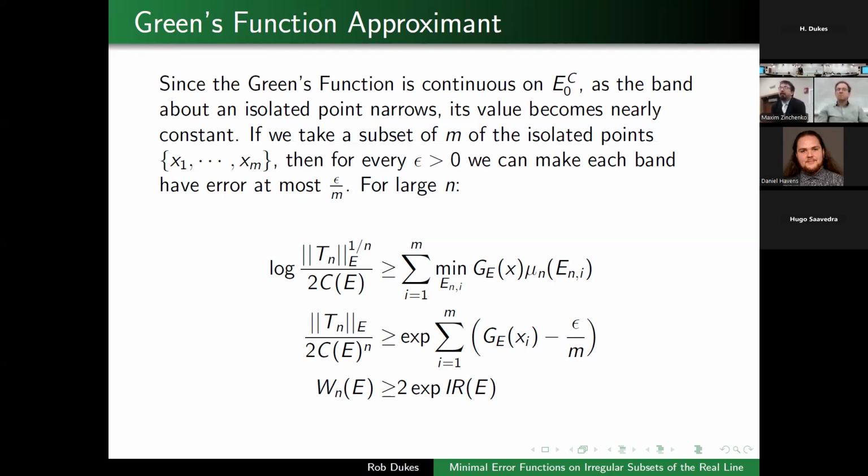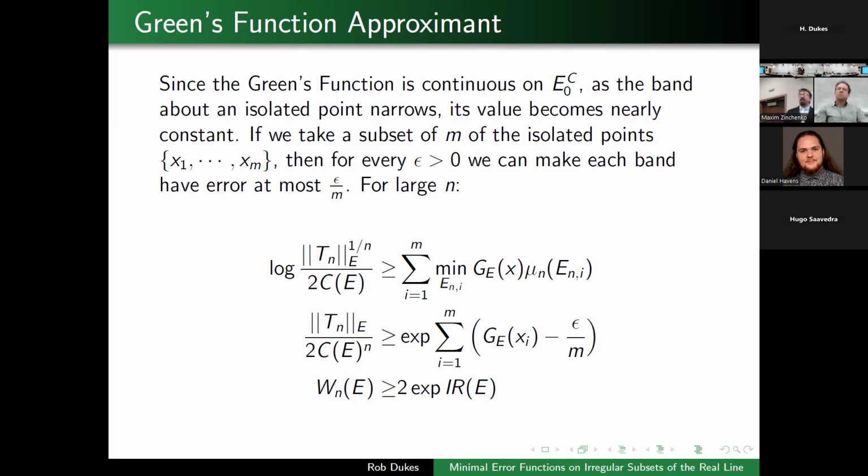But we get that this quantity, log Tn to the 1 over n over 2 times capacity, similar to before, we're going to say the lower bound is going to be the sum of the integral over each gap, which would be, in this case, the minimum of the Green's function times the harmonic measure for En, not for E, but for En.